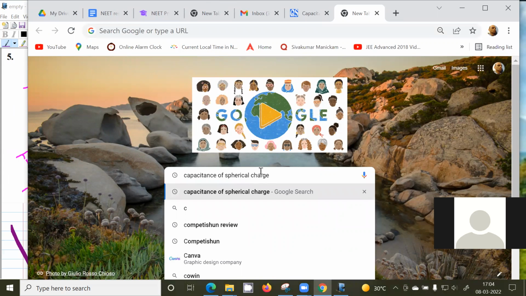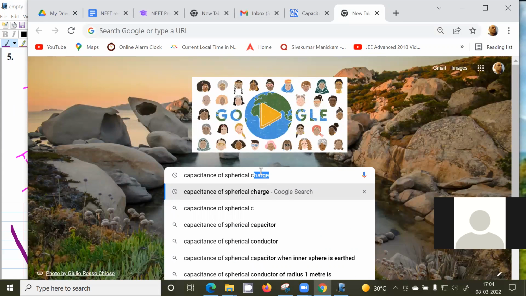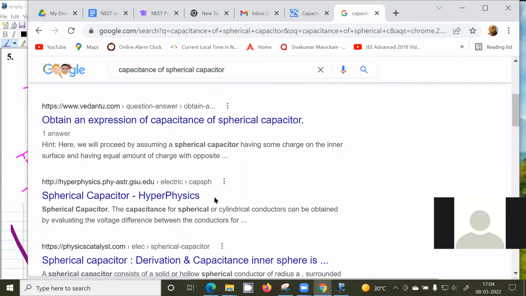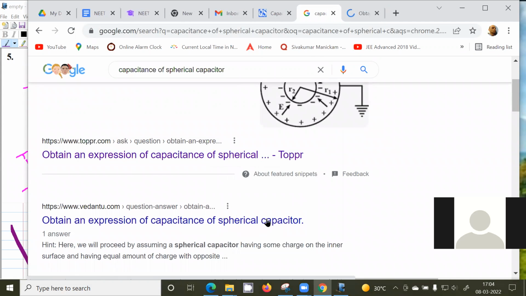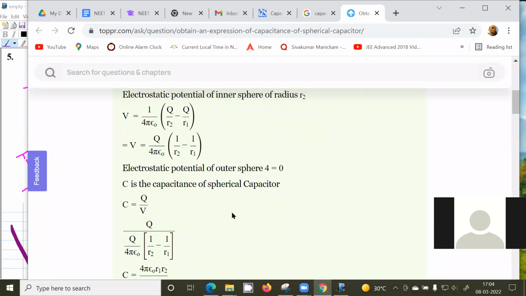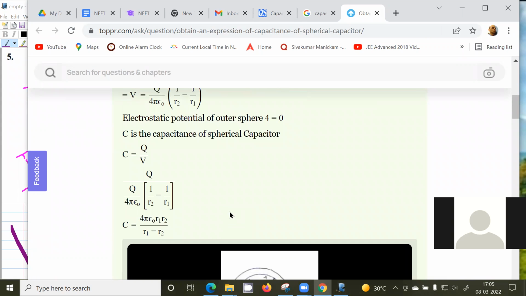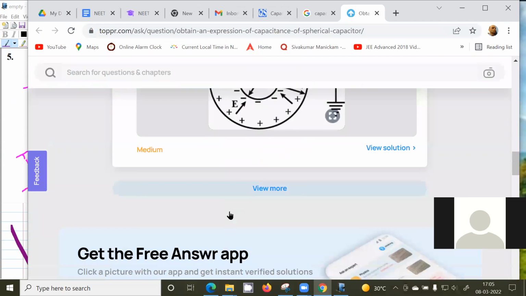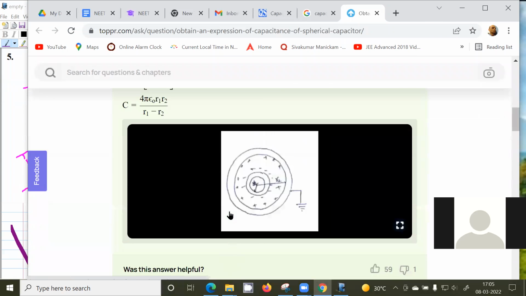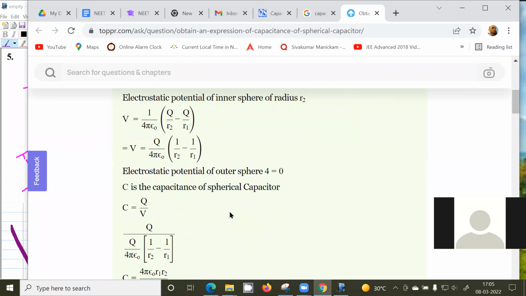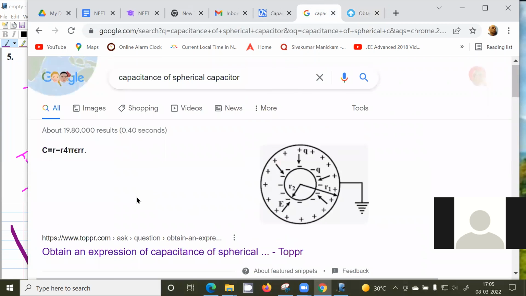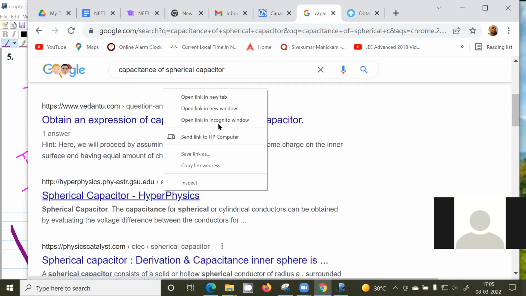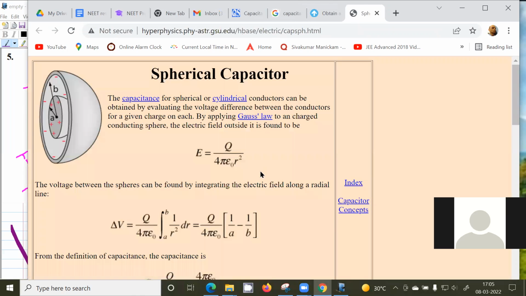Capacitance of a spherical capacitor. Sorry.